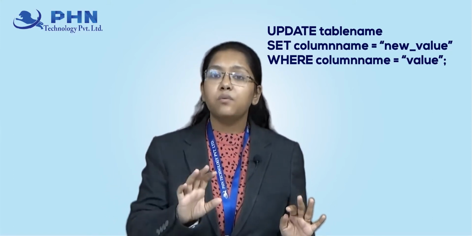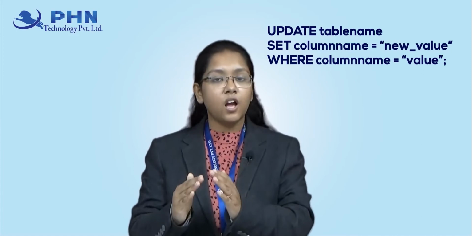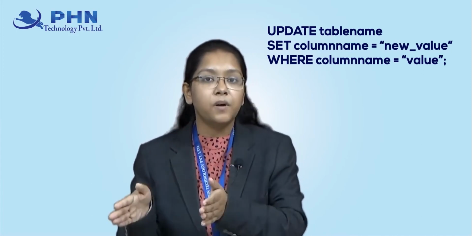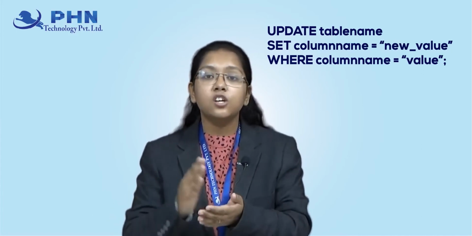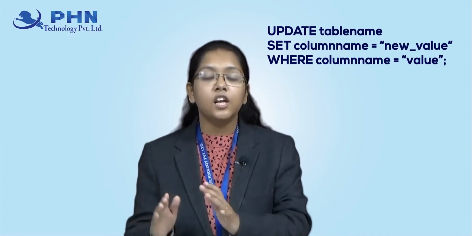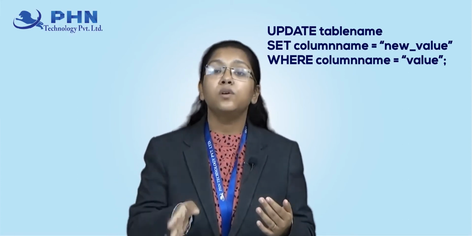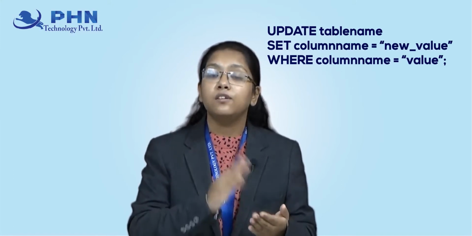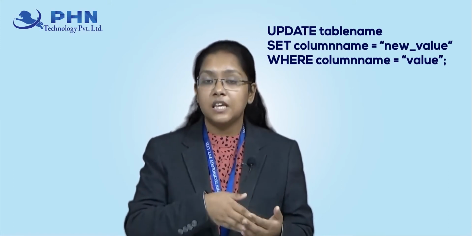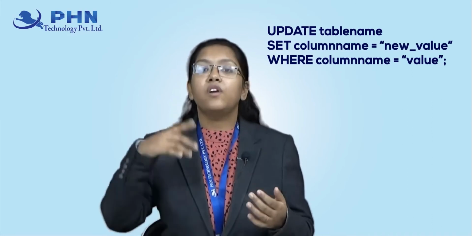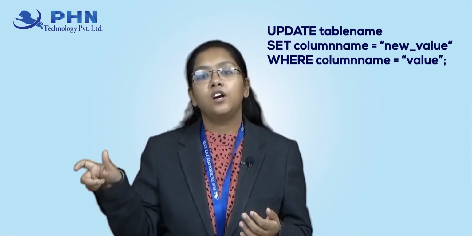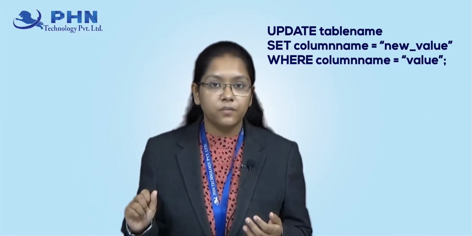Set is giving a command like: set this particular new value into your existing table, change the existing table, and set this new value where we give the particular location, right?